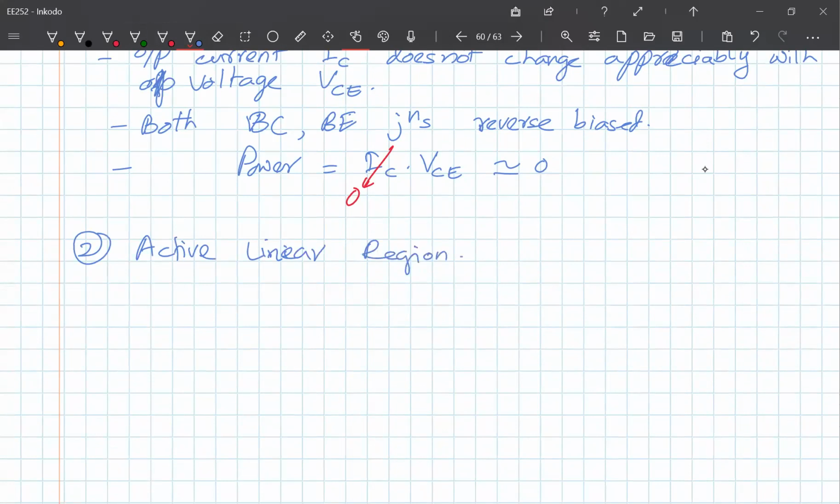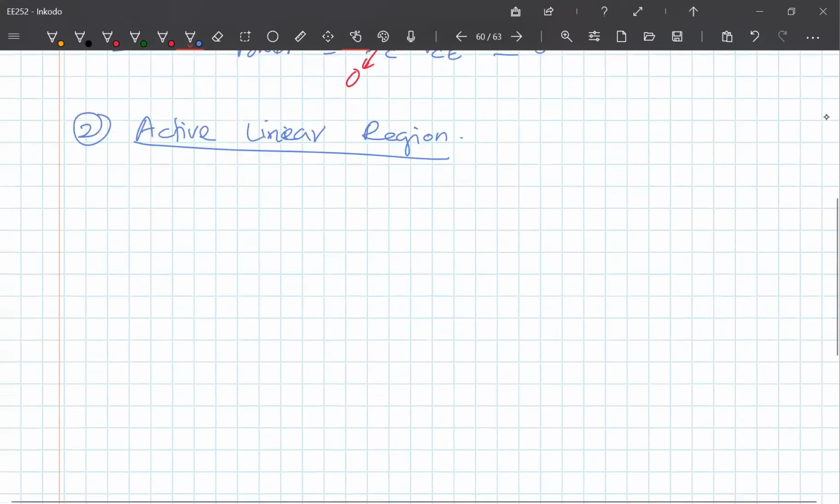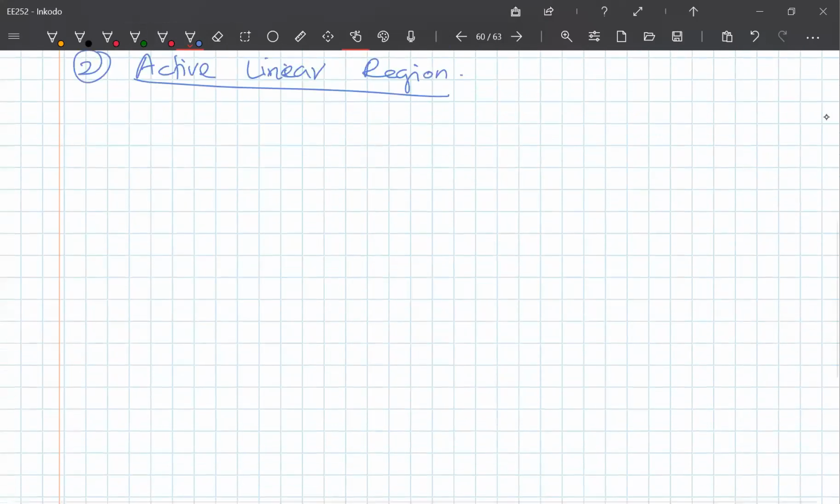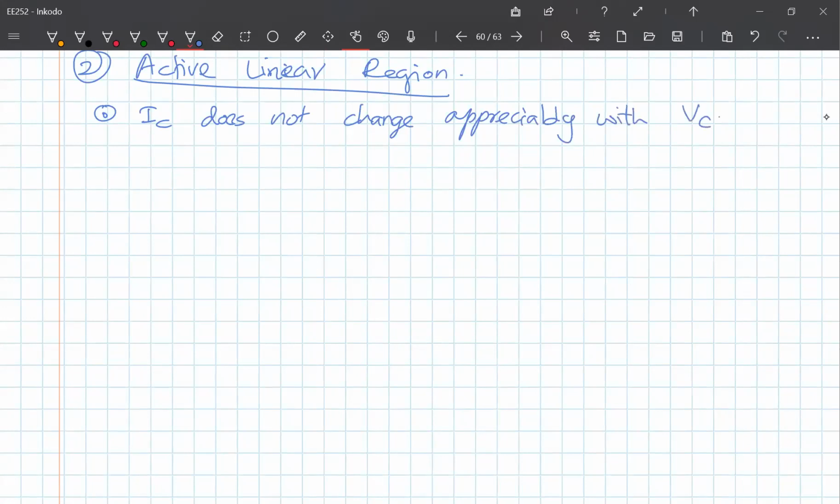Active linear region, in which IC does not change appreciably with VCE either, right? Even in this, IC does not change appreciably with VCE, output current.